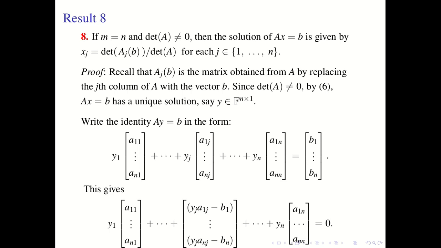So remove the jth column of A, put b there, and that is A_j(b).